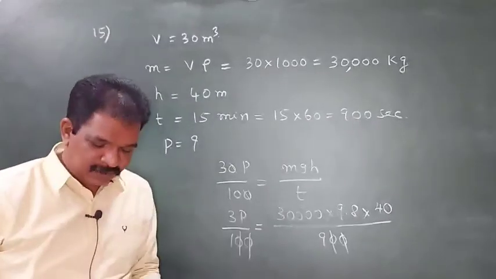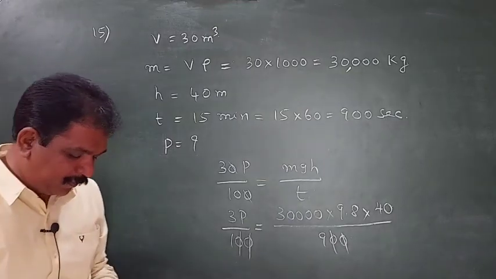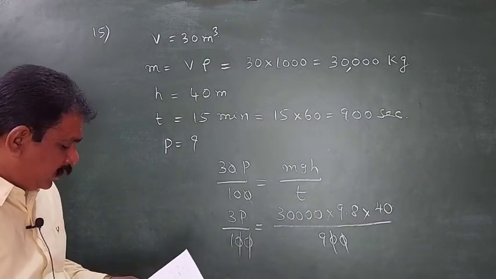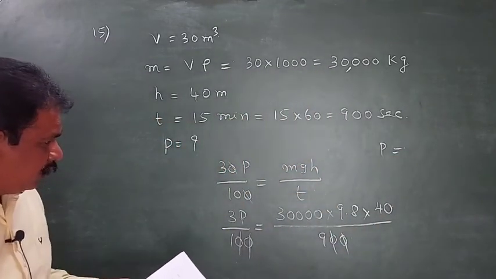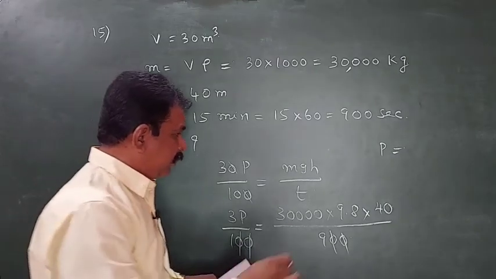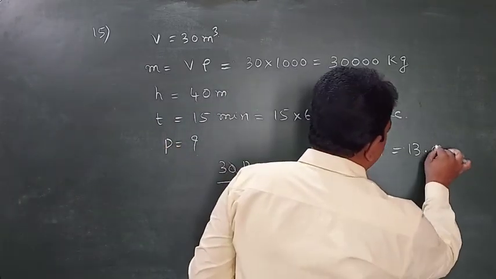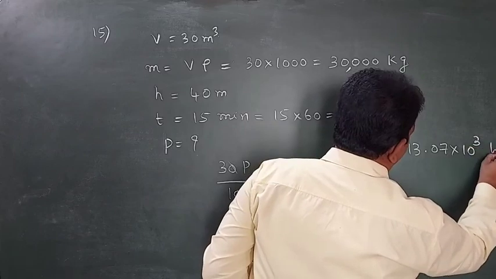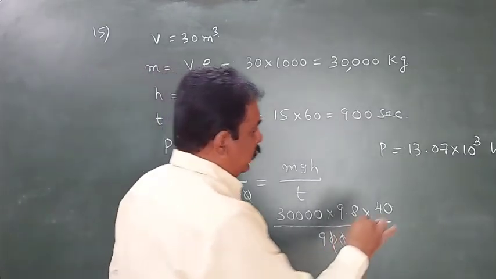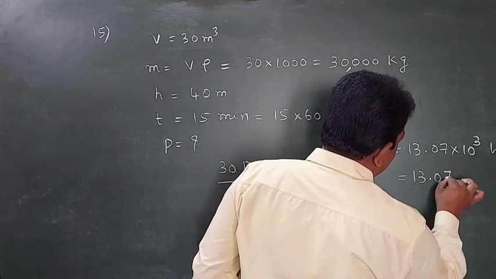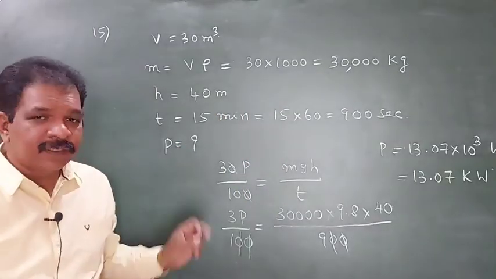After calculation, finally P is equal to 13.07 into 10 cube watt we will get. Unit of power will be watt. So this is 13.07 kilowatt. That is the answer for this 15th question.